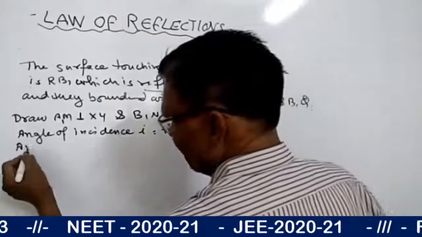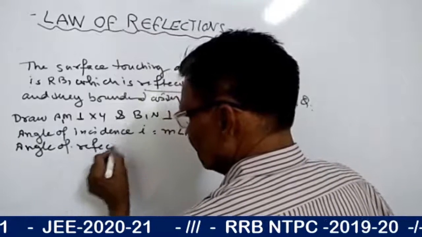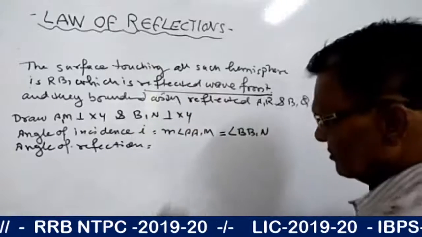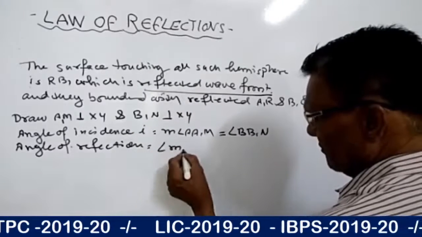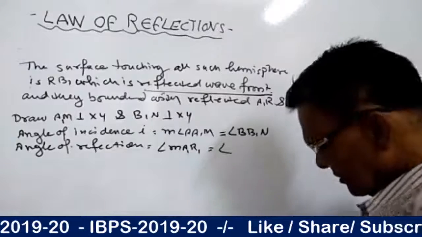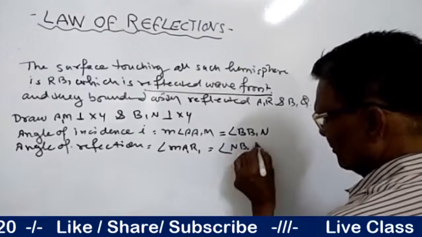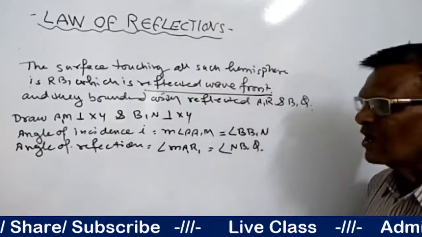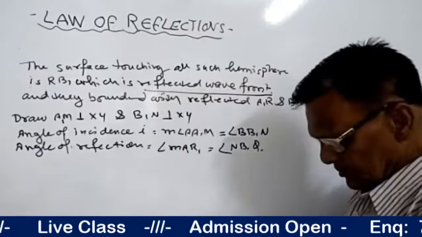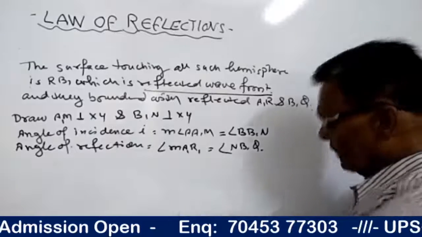Similarly, angle of reflection equal to angle MA1R equal to angle NB1Q. As per the law of reflection, both angles were shown equal because they are in between the same wave and wavelet.